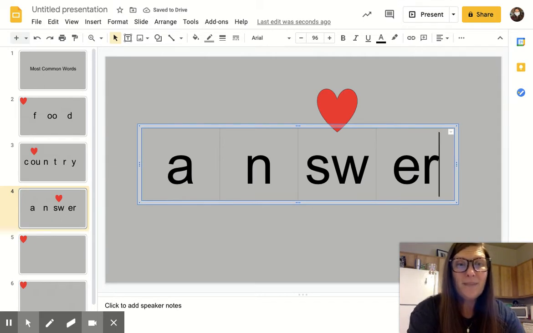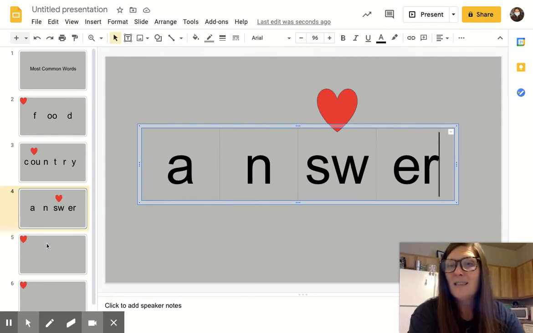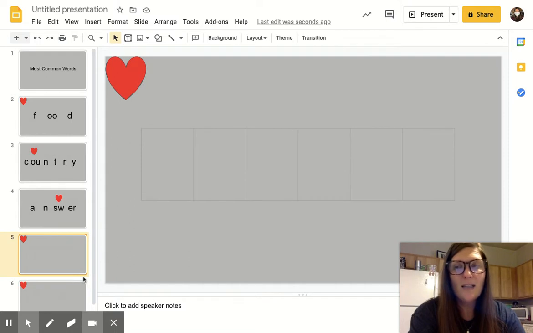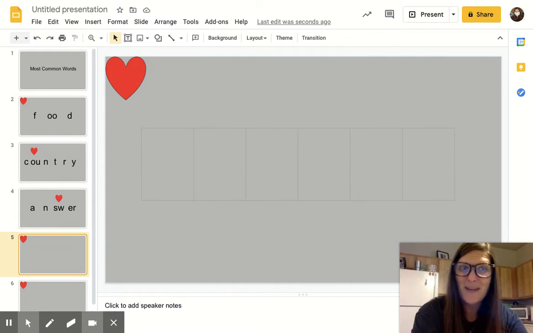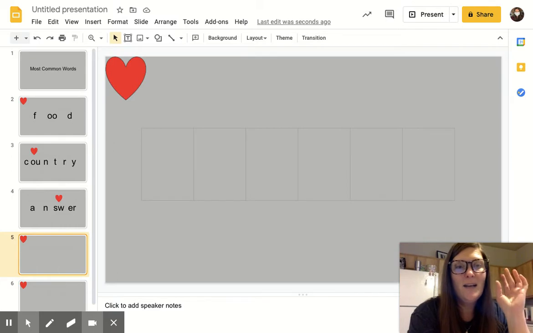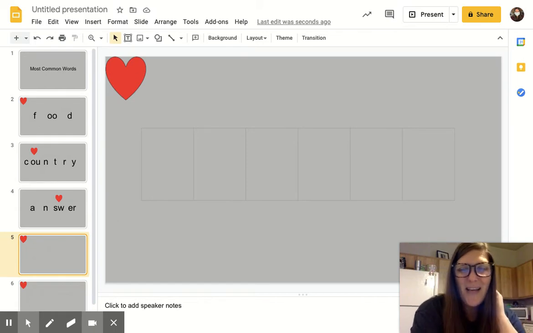Okay, the next word is America. We already used that word in a sentence. We live in the United States of America. Let's count the syllables in America. America. There's 4 syllables in America.